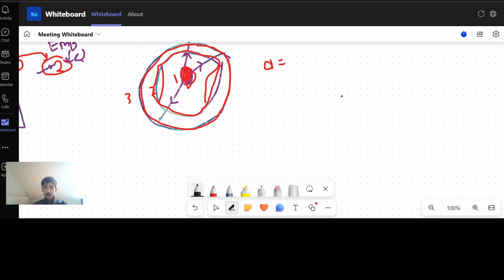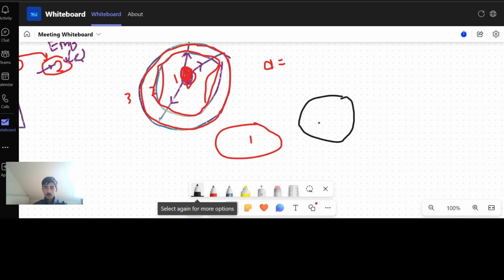This is one. This is two. Current is induced. I'm just taking the direction arbitrarily, no confusion, whichever direction I want, because I haven't specified the other parameters.